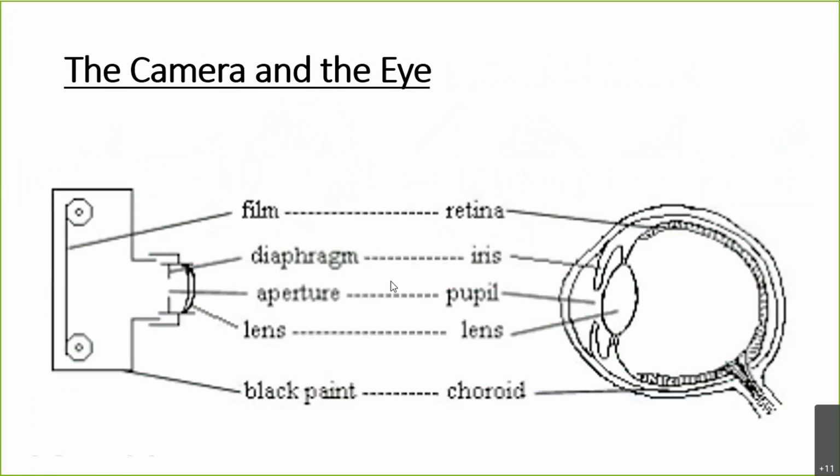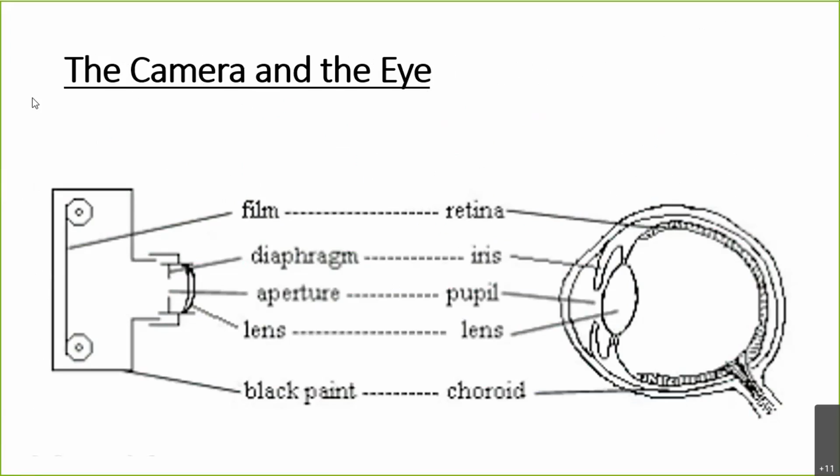All right. One of the things that is interesting to do, and you're going to have an assignment that's going to take you deeper into this, but there are many, don't be so excited, Chardonnay, there are many similarities between the camera and the eye.